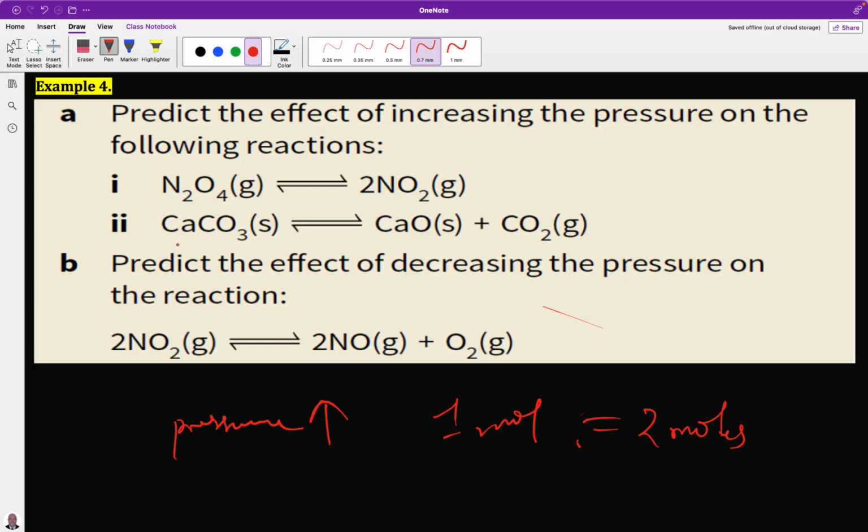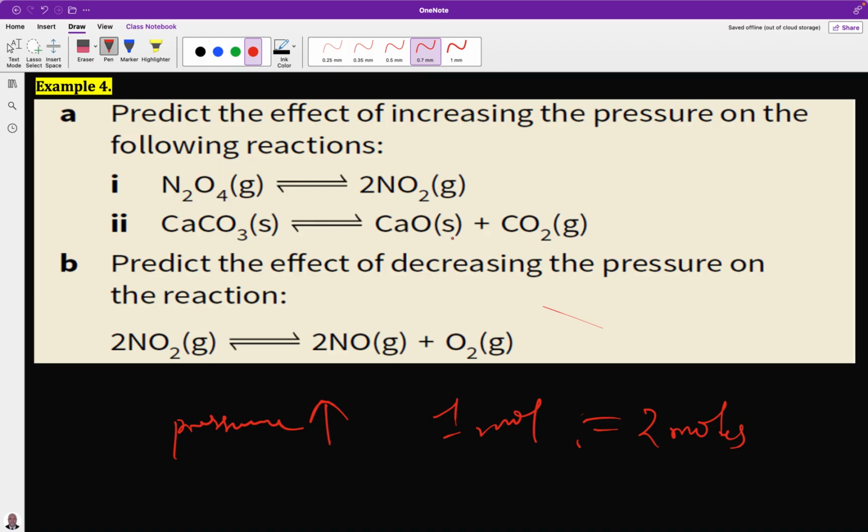Now, predict the effect of an increase in pressure on the calcium carbonate, calcium oxide, and carbon dioxide reaction.